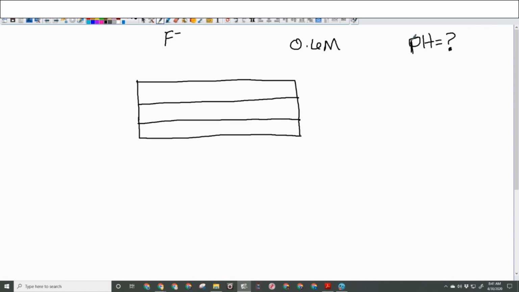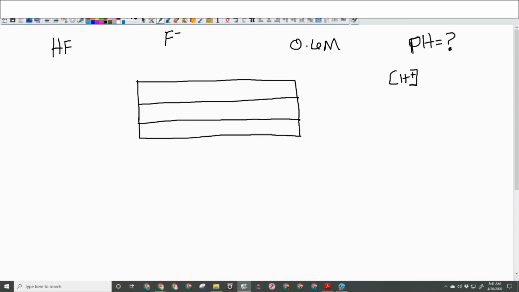So in order to calculate pH, we need some concentration of a hydrogen ion. So if we take this and add a hydrogen ion to it, we're going to get HF. Okay, and HF is an acid, hydrofluoric acid.